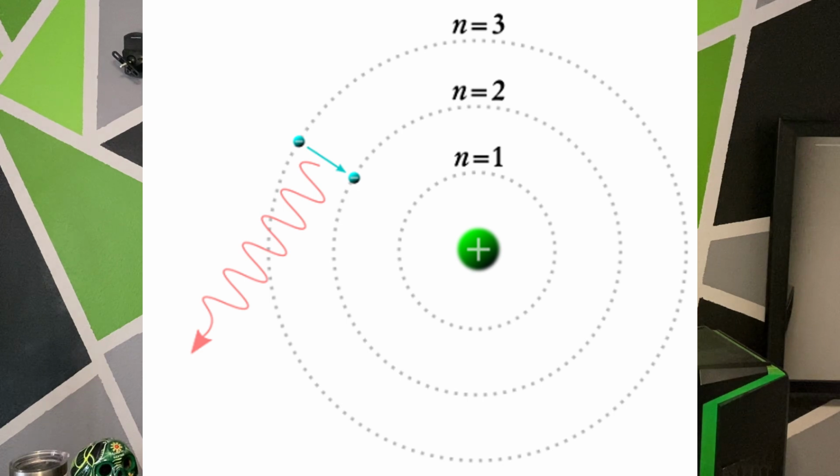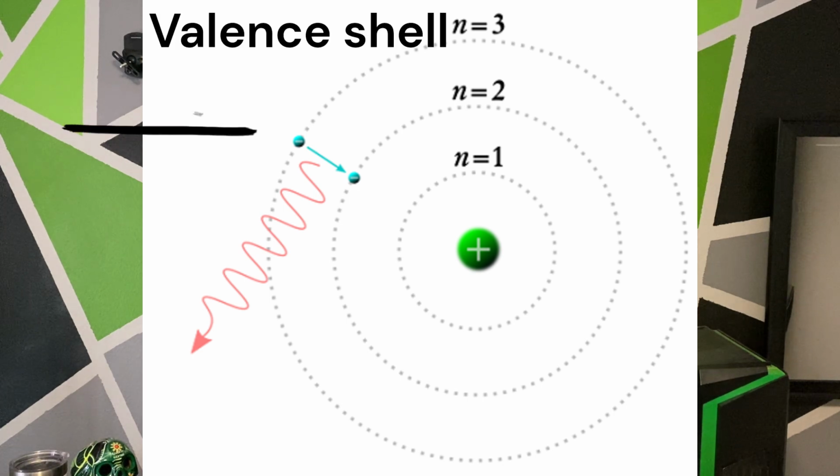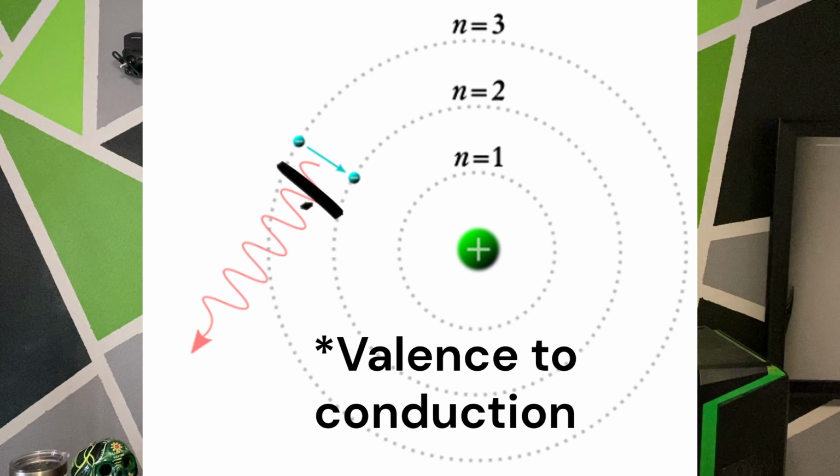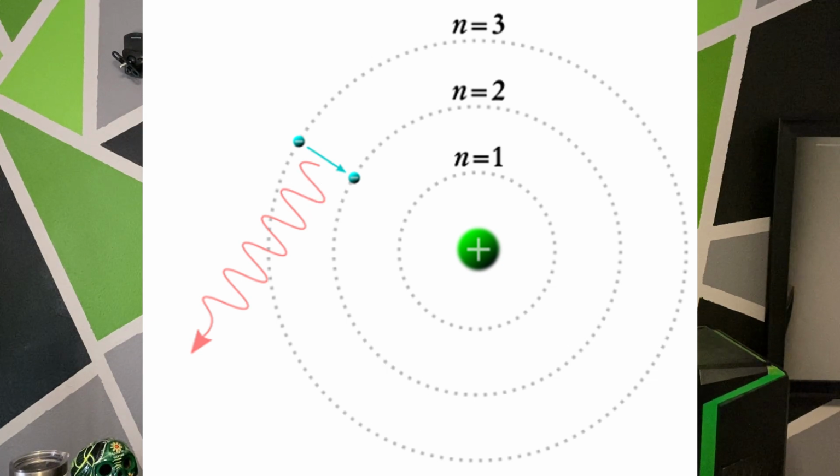So the band gap between the conduction band and the valence band is direct, and it doesn't change the momentum of the electron. When an electron goes from higher energy to lower energy, it has to release a photon in order to give off that energy, which is a photon in the visible light spectrum that we can see.